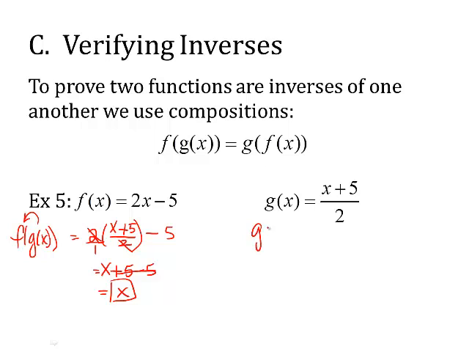Now I do g of f of x. So take my g function, but instead of x, I'm going to replace it with all of f. So I do 2x minus 5, plus 5, all of that over 2.